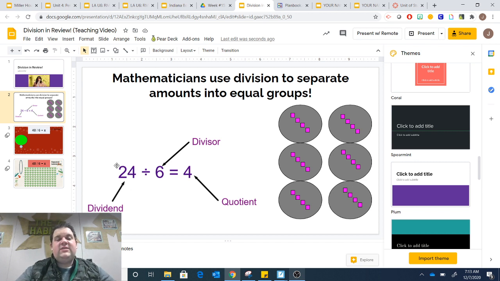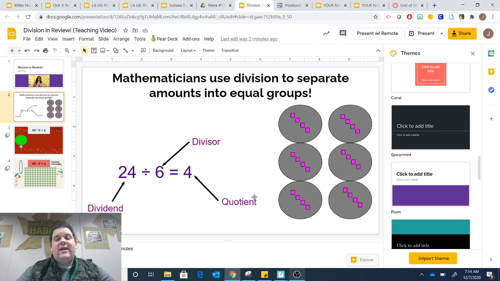So that number that we start with is called the dividend. In this case, it's 24. So we have 24 things that we need to divide 6 ways, and that's called the divisor. So we want to put those 24 things into 6 equal groups. That's the divisor. And then our quotient is the answer. That's how many are inside of each group, or how many groups there are.